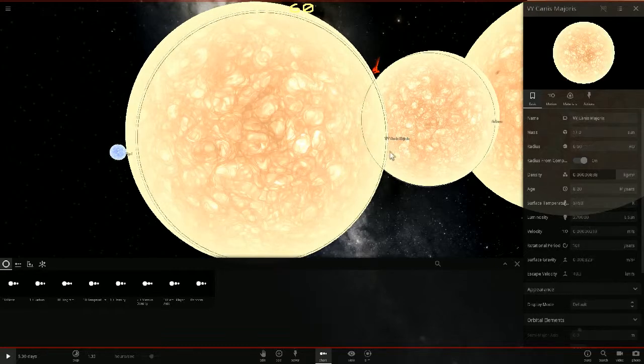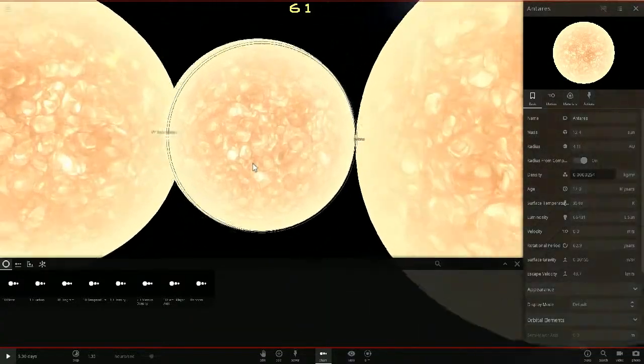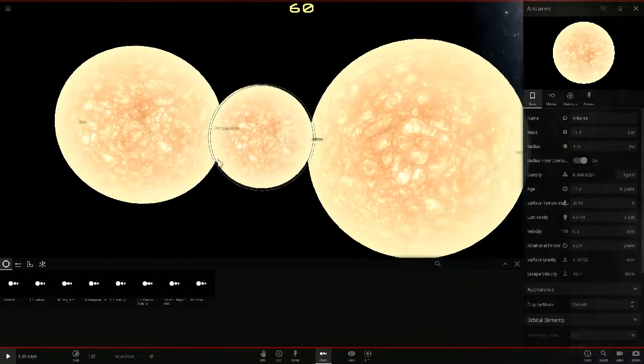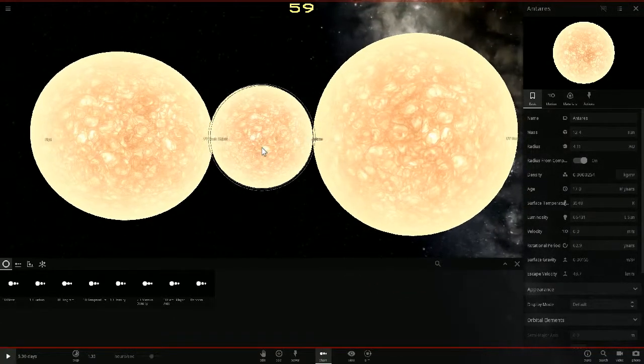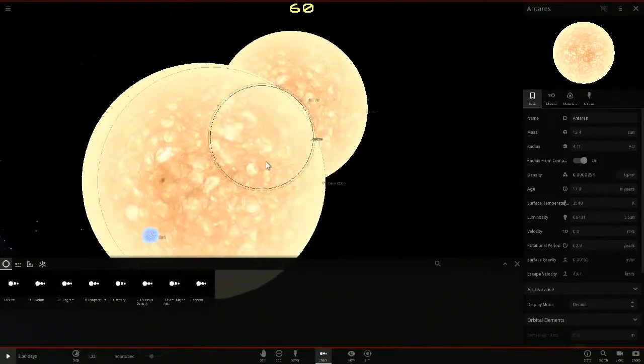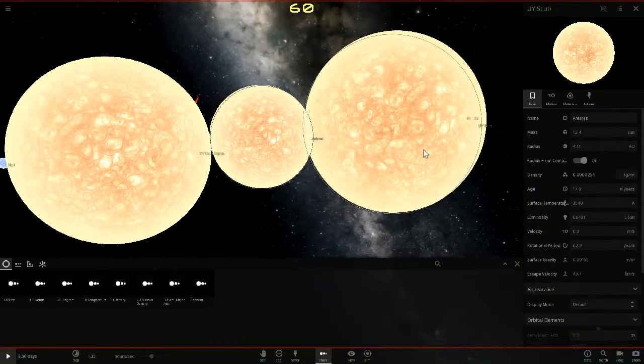So Canis Majoris is only 200,000 years older than Rigel. Antares, on the other hand, is only 17 million years old. So this obviously used to be a very hot star, and now it's turned into a red giant.